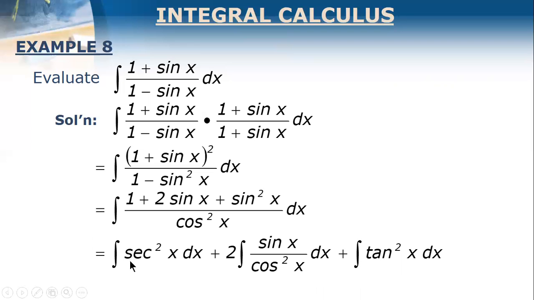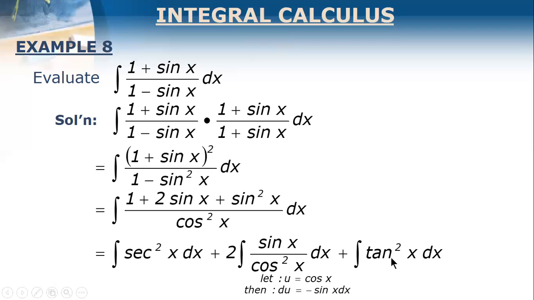Now, this is standard form. Tangent squared, no. But we can modify this one. We can use identities. For this one, basic substitution for trigonometric functions: let u be equal to cosine x and then du is negative sine x dx.